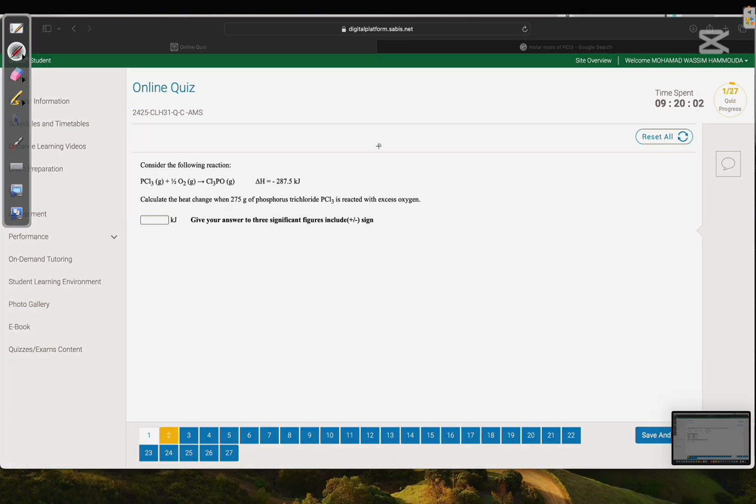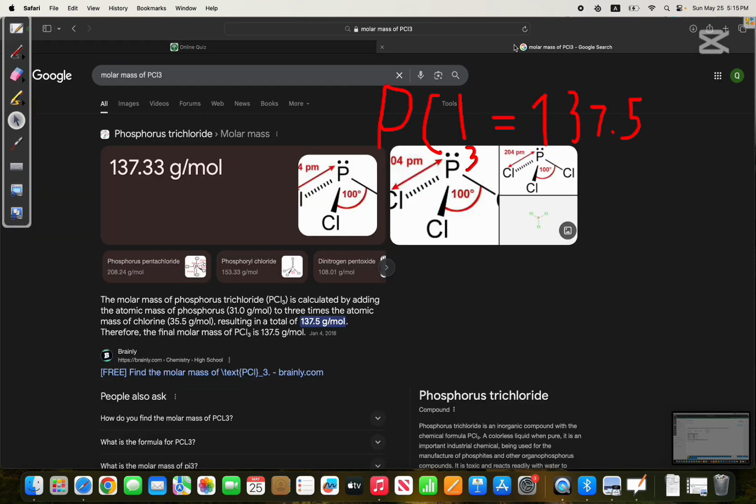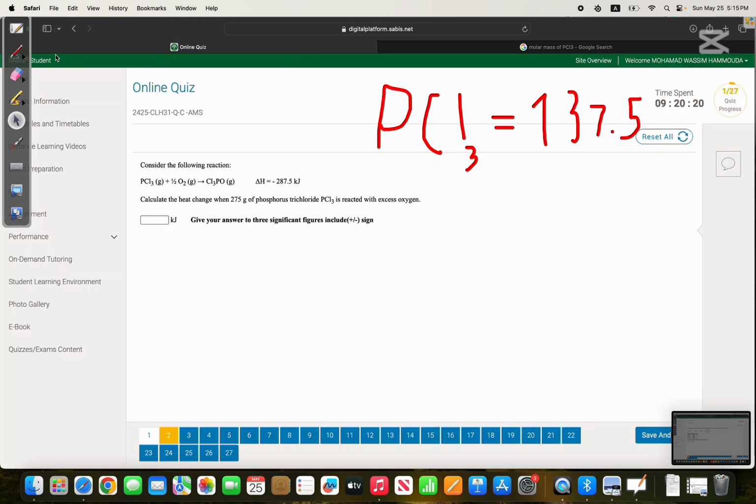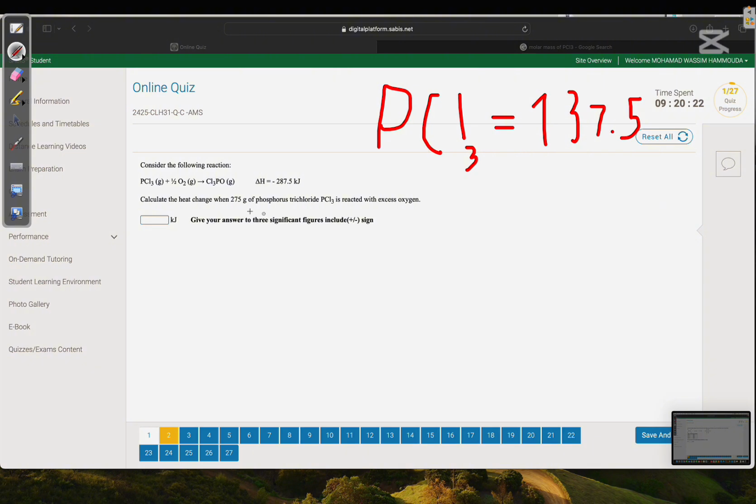Now we know that PCl3, after getting the molar mass from the periodic table, is equal to 137.5. Just let me make sure first. 137.5. Okay. And they want 275 grams.